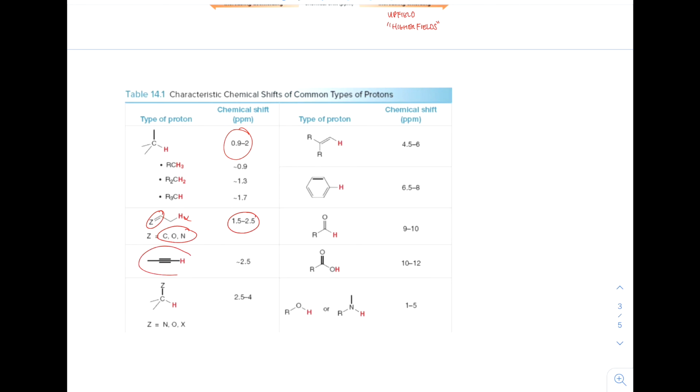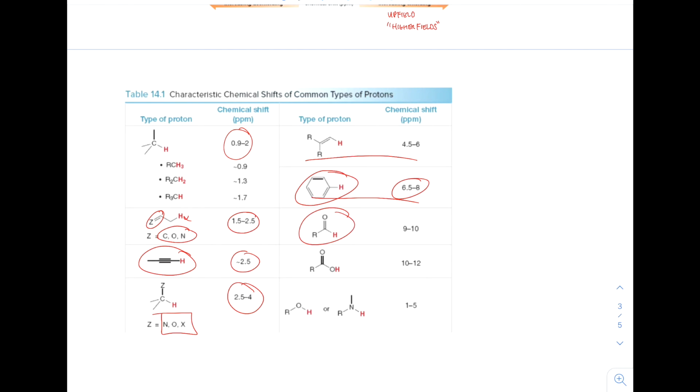And we've got our alkyne hydrogen at about 2.5, and then we've got our carbons directly bound to a heteroatom and also directly bound to the proton in question. Those are going to be drastically affected by the electronegativity of Z in this case, and so those are going to be more downfield. And then as we progress, we've got the alkene, we've got the aromatic hydrogens. Those are way over, 6.5 to 8.